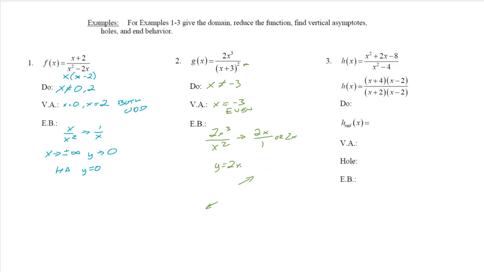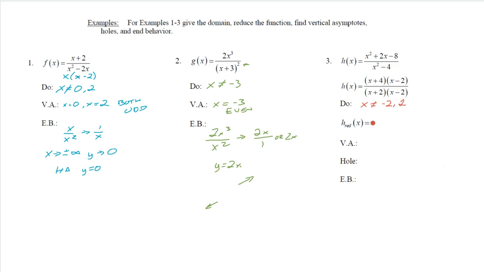Okay. Our next one is number 3. We've got another rational function. This rational function has gone ahead and factored it out. We take a look at our domain and identify what we can't have in our domain. So in this case, our x cannot equal negative 2 and positive 2.